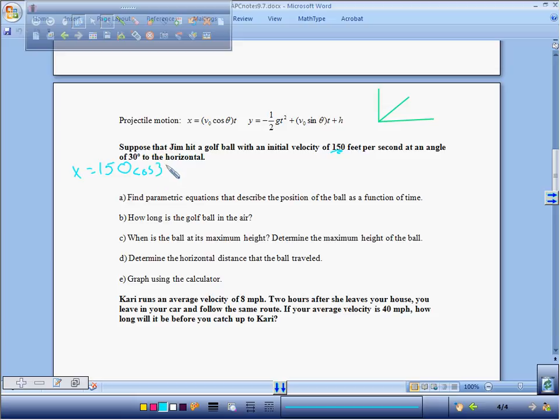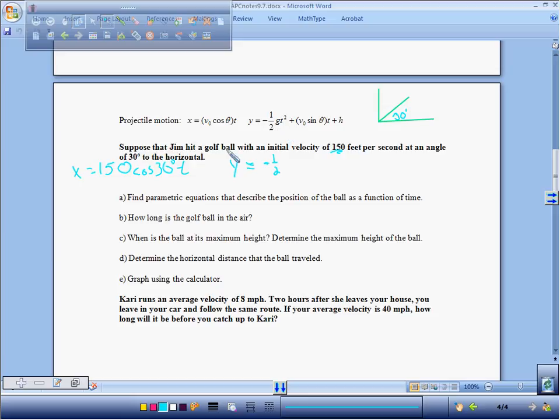So in this case, times t, right? So Tiger is launching his golf ball at 30-degree angle on that one, okay? Then y equals negative 1/2. What's g?